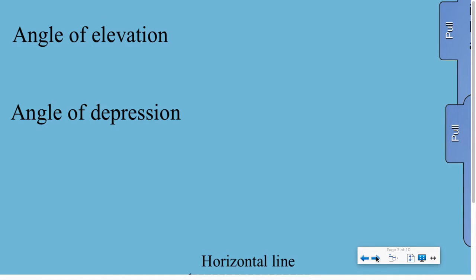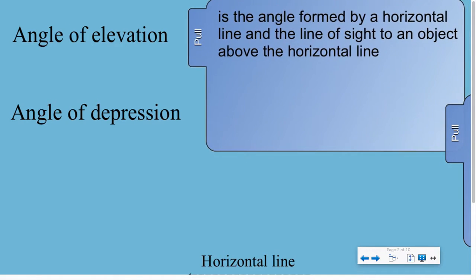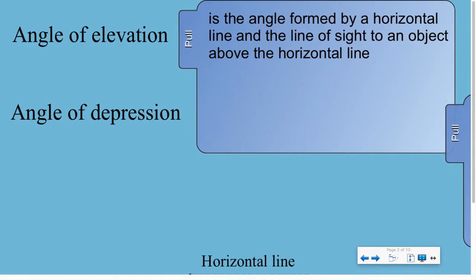At the top, you've got the typed out definition for each of these. The angle of elevation is defined as an angle formed by a horizontal line and the line of sight to an object above the horizontal line. An angle of elevation will be above the horizontal line.